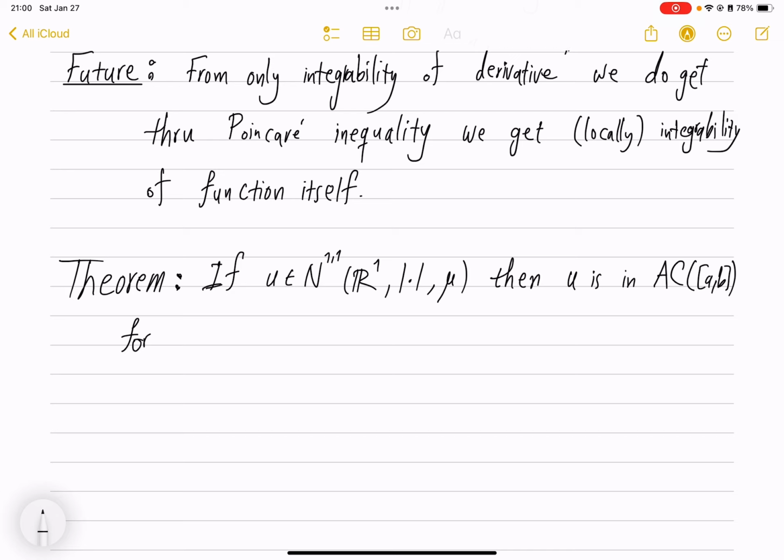So for any a, b compactly contained in R1, we can call this AC loc. Remember, AC is defined only on a compact interval. On a non-compact interval, you can still define them by straightforward modifications, but we don't really need that language and terminology. So on every compact subinterval, it is AC.